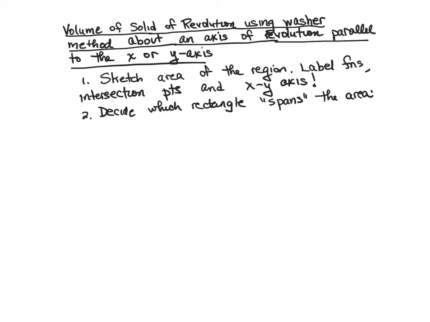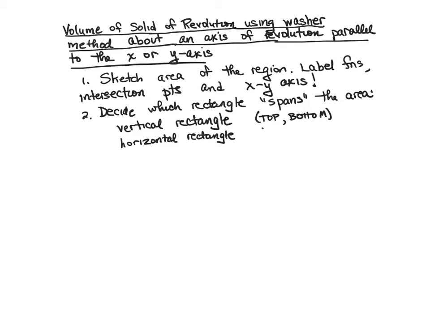So that's either a vertical rectangle, where we look for the top and bottom, and we integrate with respect to x, or a horizontal rectangle, and here we look at right and left, and we integrate with respect to y.